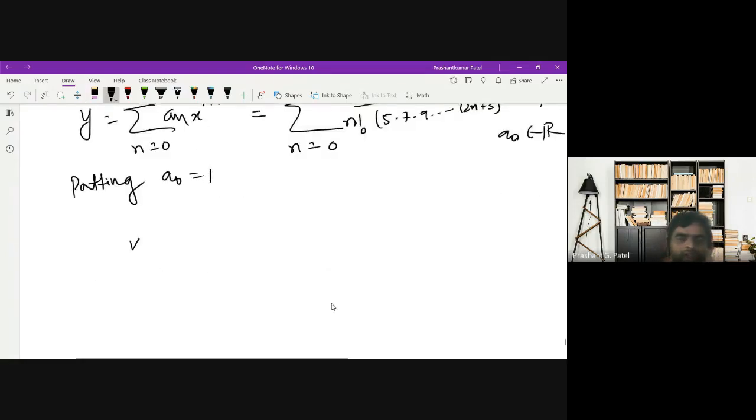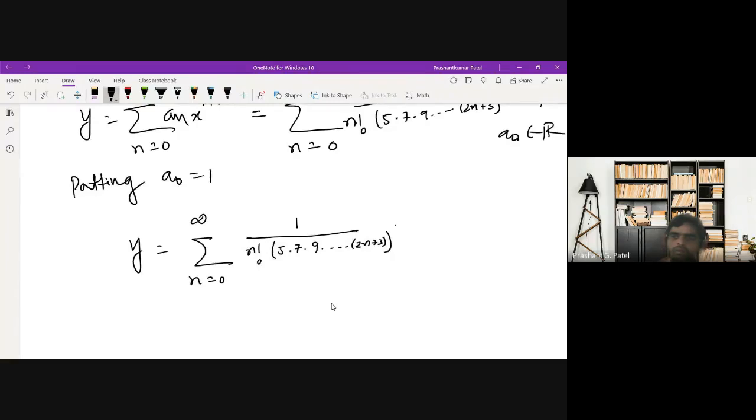So that's why we can have y equal to summation n from 0 to infinity, a0 is 1 that we have taken, so it is 1 upon n factorial into 5 into 7 into 9 up to 2n plus 3, into x power n plus 1.